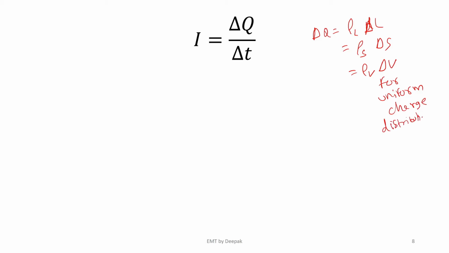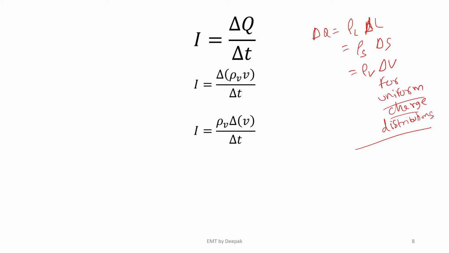And let us assume that we have uniform charge distribution, and this can be written as rho V times del V by del T. So the current I have would be rho V times del V by del T.